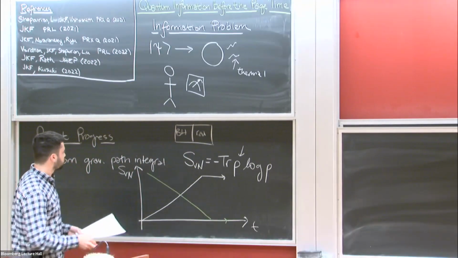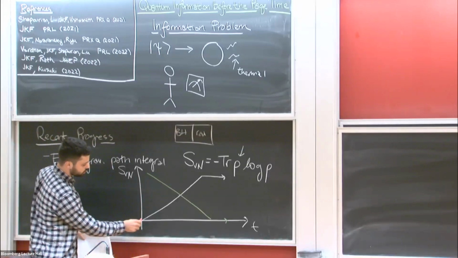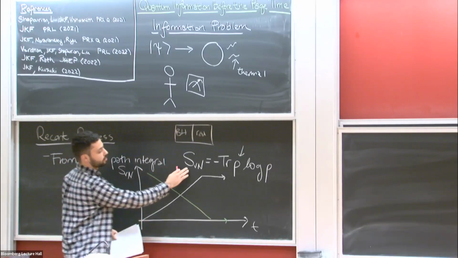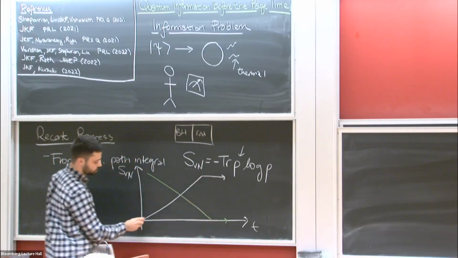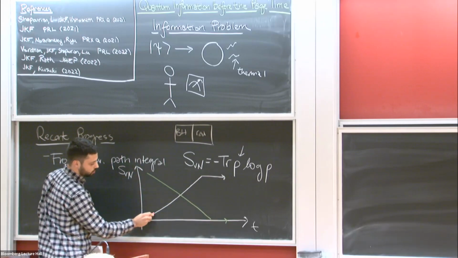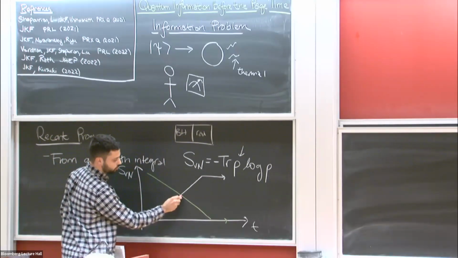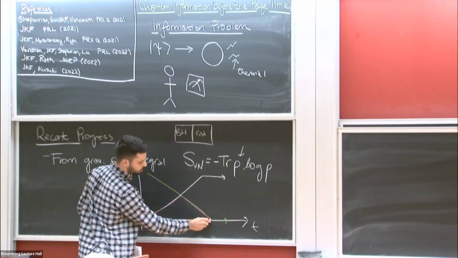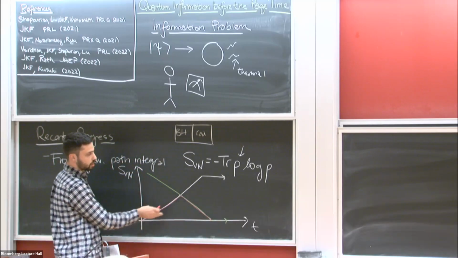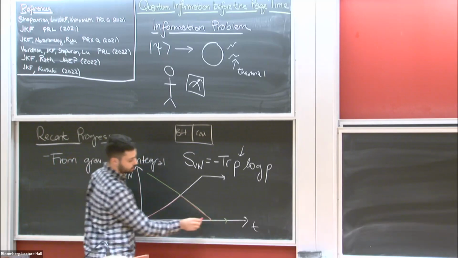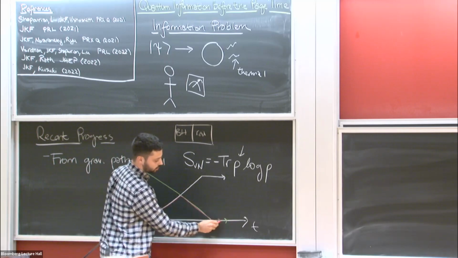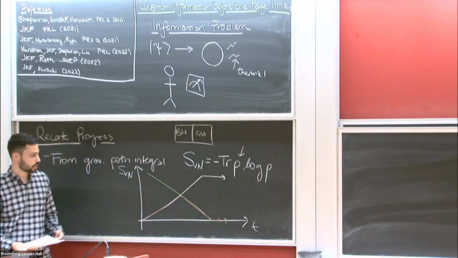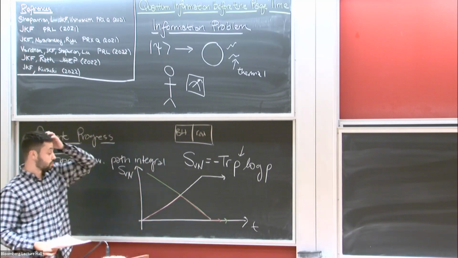So what was computed was this fine-grained entropy of the radiation, and it was found that it follows this Page curve, which goes up at early times and down at late times, going back down to zero, so that we have consistency with unitarity.